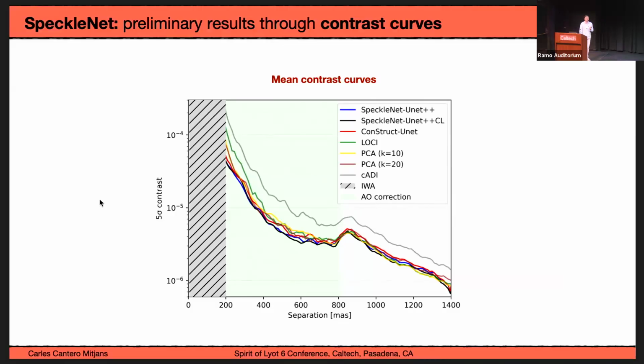But we expected a somewhat better gain of contrast. Of course, we want to compare with other algorithms. We want to add annular PCA here. We would like to add, for example, the algorithm of Markus, and try to understand. But we are at this point right now.